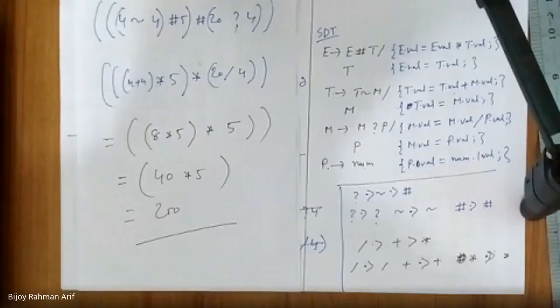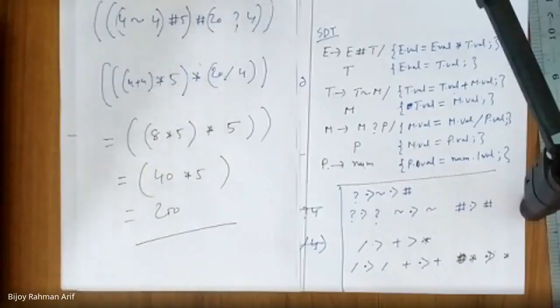Sir, I had a question. Of course. Sir, in the quiz problem that you solved, the associativity and precedence problem we discussed at the start of the class today, you replaced one of the products in the previous one.